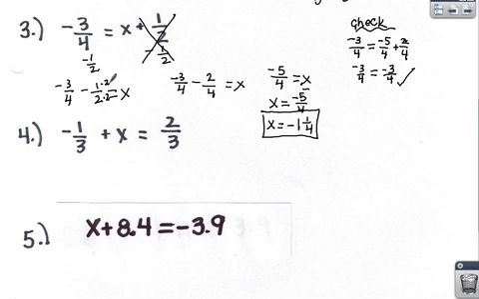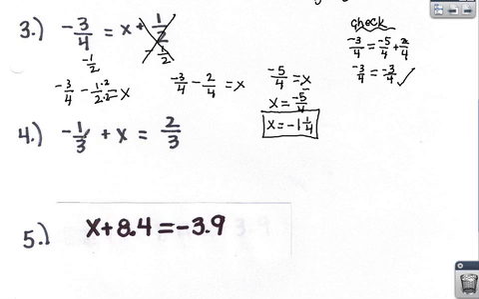Now number 4 is tricky, because even though this says we're adding, and therefore some students think you need to subtract from both sides, we are going to be subtracting negative 1/3, which would be like adding 1/3 to both sides.